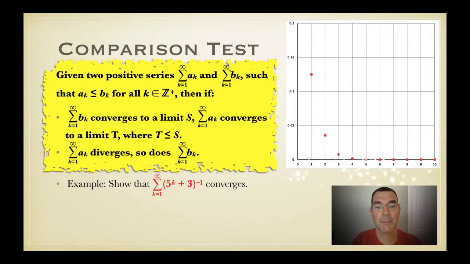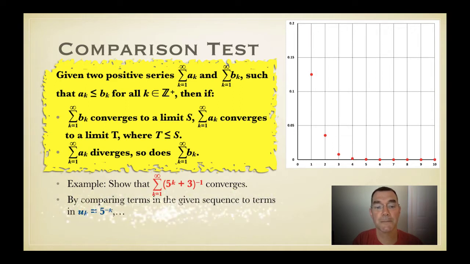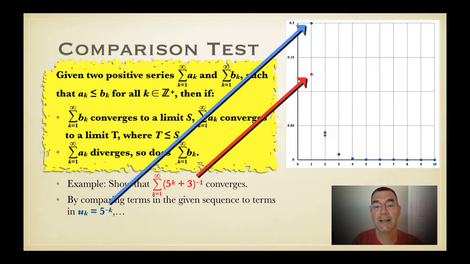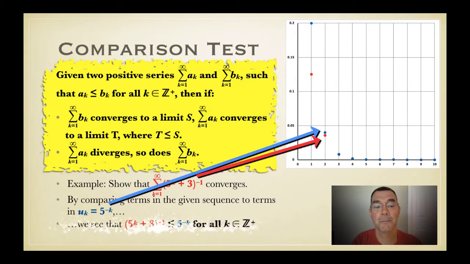All right, so for example, let me show that (5^k + 3) to the negative 1 converges. All right, if I compare (5^k + 3) to the negative 1 to just 5 to the negative k, then notice how 5 to the negative k is consistently higher than the terms in the sequence I was given.